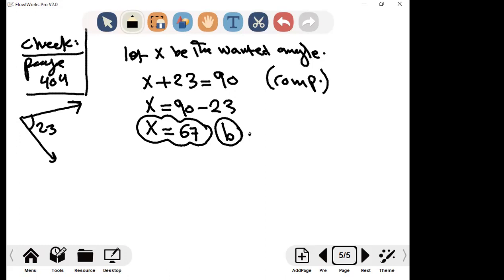Because 67 plus 23, how much? 90. So why did we select the same angle? Change the selection.